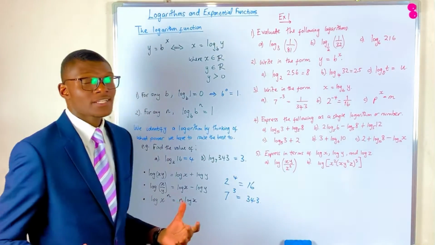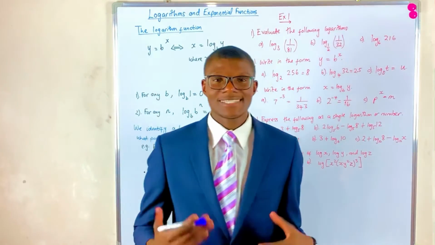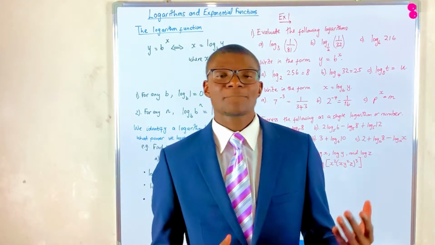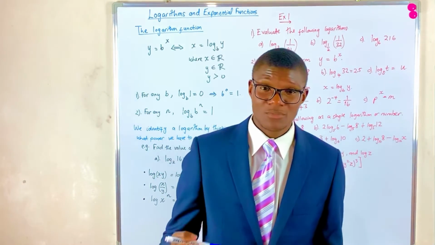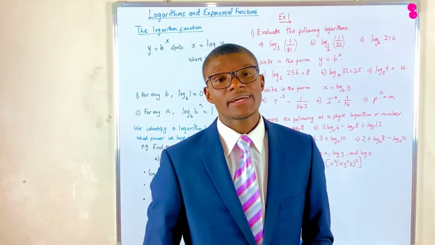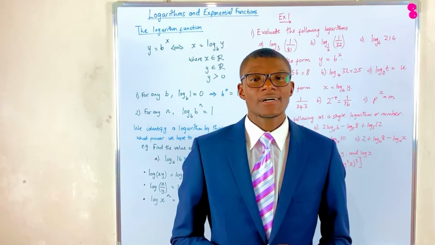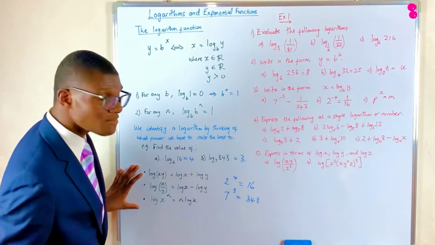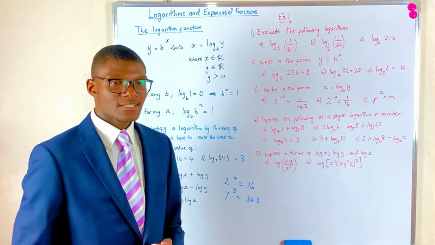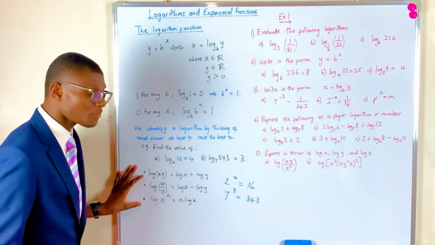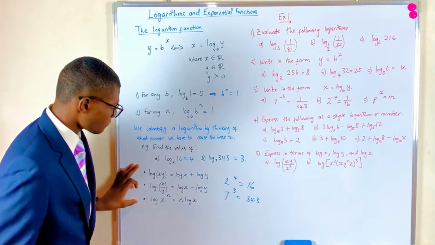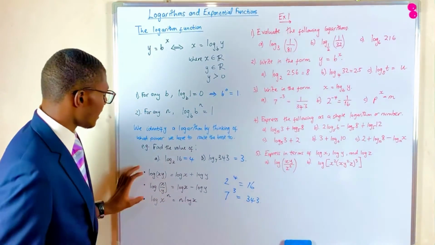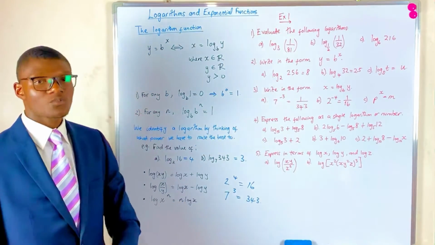Something else that we have to know is that since the logarithmic function is the inverse of the exponential function, we can derive some properties of logarithms from the laws of indices. These corresponding properties of logarithms apply for any base, and they are derived from the laws of indices.